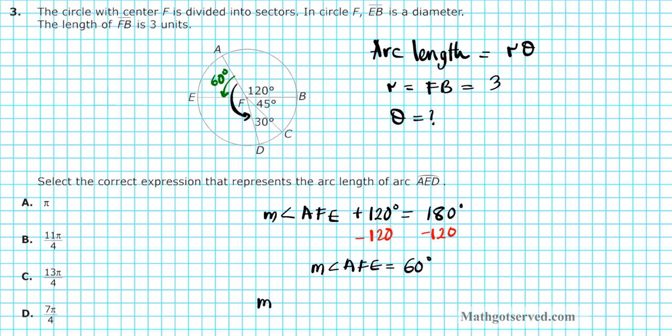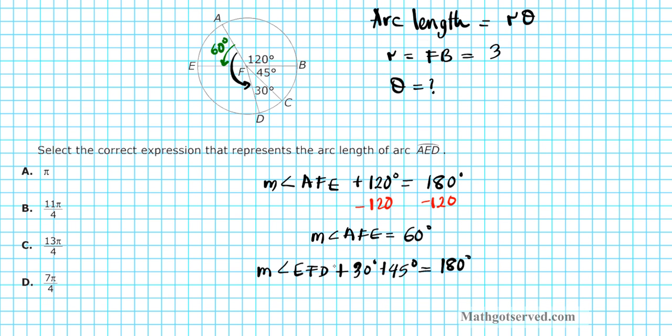The measure of angle EFD plus 30 degrees and 45 degrees is a linear pair. How many degrees in a straight line? 180 degrees. So to get EFD by itself, we combine these two. Measure of angle EFD, 30 plus 45 is 75.